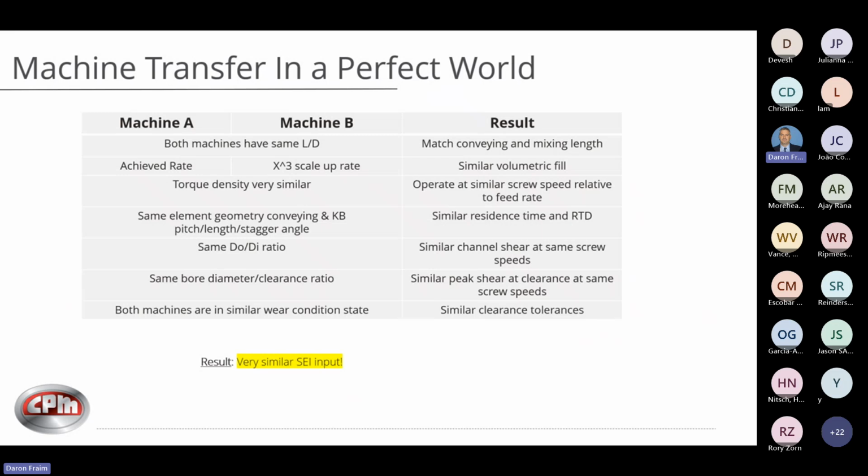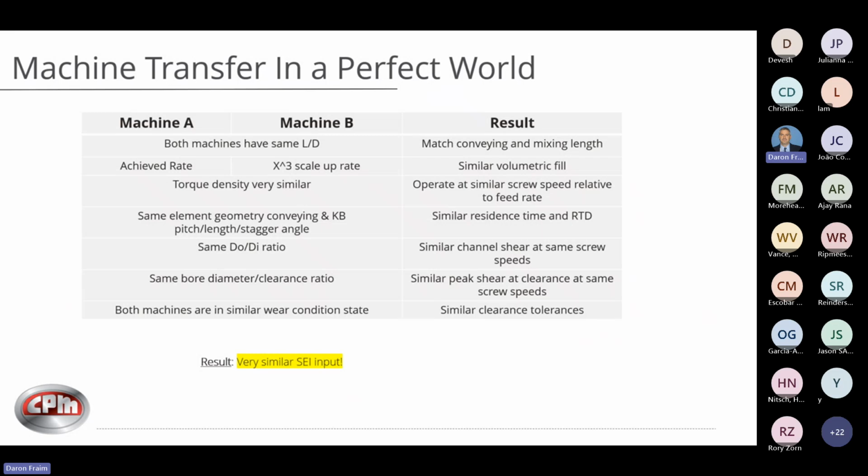If I want to push that machine at 80% torque, what's my available kilowatts? Where am I going to have to operate on my RPMs? Is it going to be similar to the other machine? What's my degree of fill? I can take a look at that. And so in a perfect world here on machine transfer, you would want both machines to have the same L/D, so you can match conveying and mixing length.